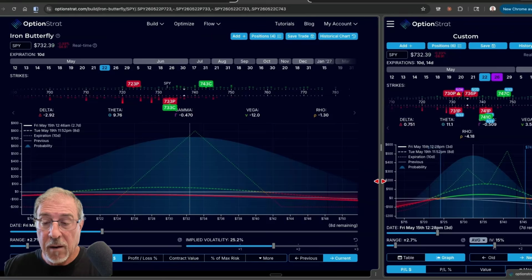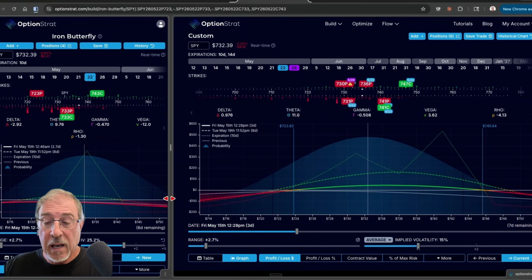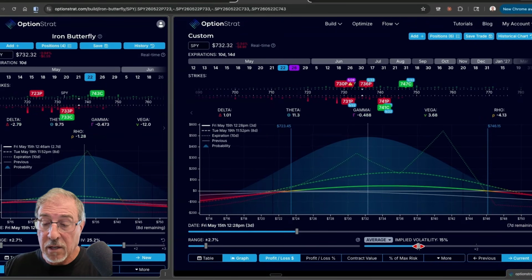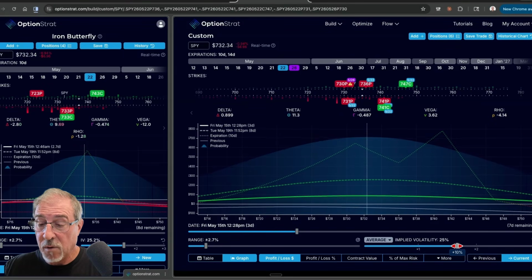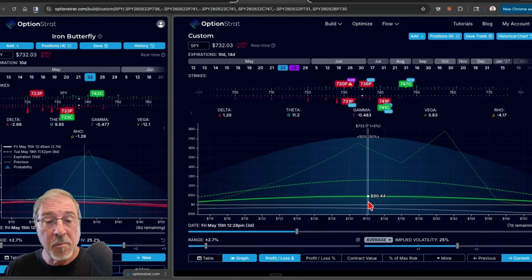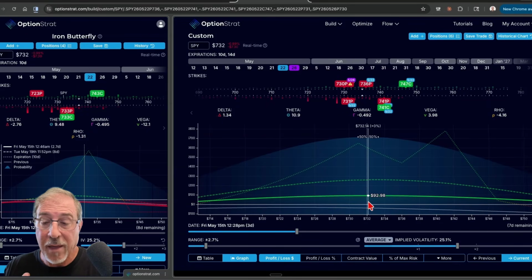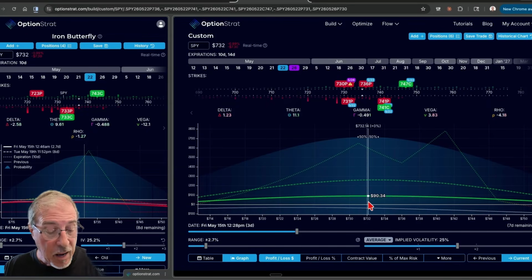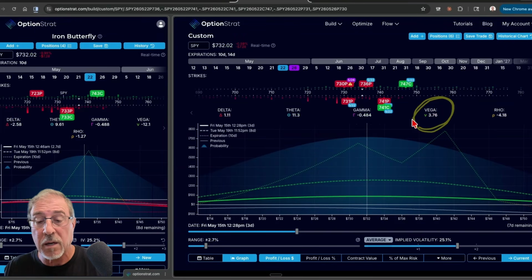Let me do the same here on the Flyagonal trade. On the Flyagonal trade, if we get that implied volatility increase, we'll take this up to about the same 25 range here. A number of things happen. Look at what happened to our profitability. Profitability in the trade actually increased, where over on the left side with the butterfly, it decreased. Now that in itself is awesome, and that is a function of the whole positive vega aspect of this trade.